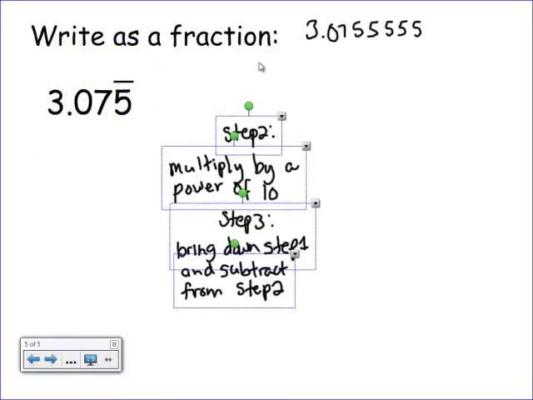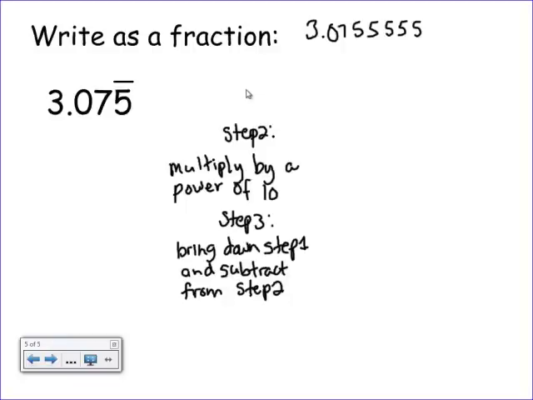There they are. By now, hopefully, you remember. Step 1. That's right, that's good, Mike Nab. n equals 3.075 repeating. You just rewrite it as a let statement.